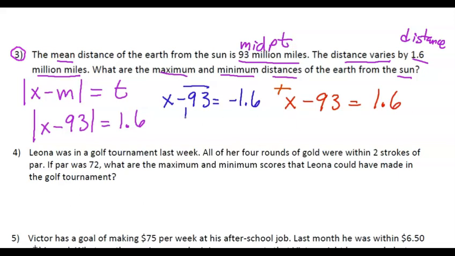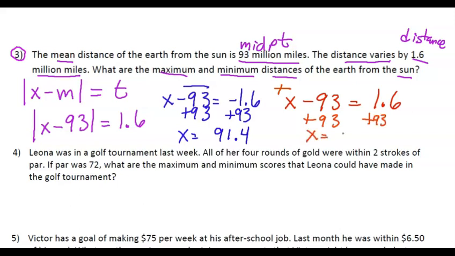Let's solve for the minimum first. Add 93 to each side. You get x equals 91.4. And then we'll solve our positive piece for the maximum. Add 93 to each side.